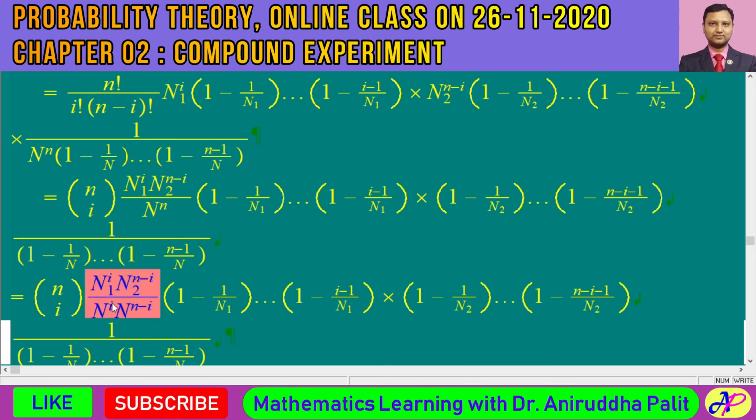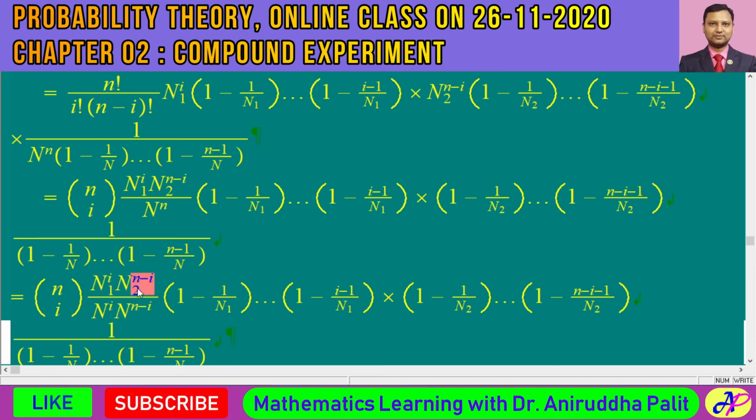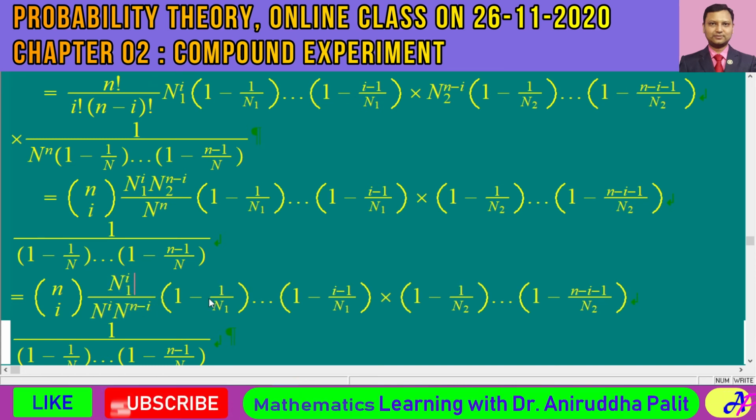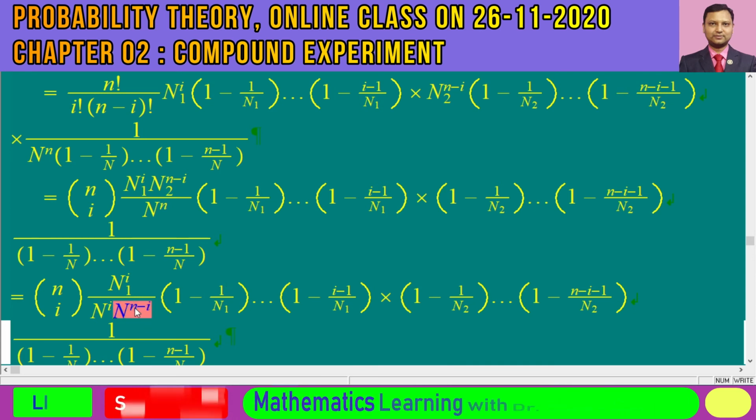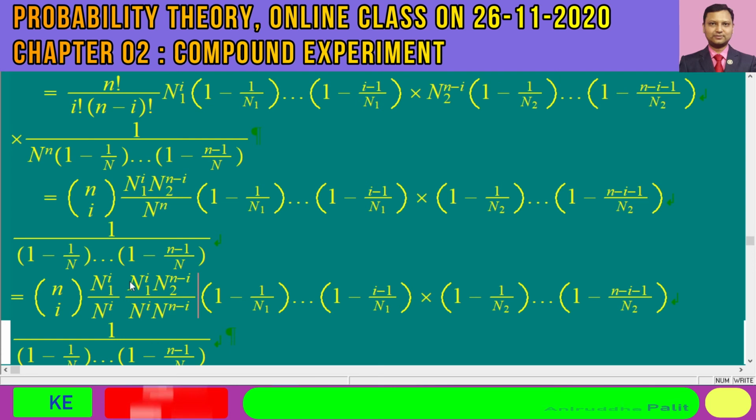Or in other words, what I am trying to say is that, forgetting about this factor, this can be written as the product of two factors.